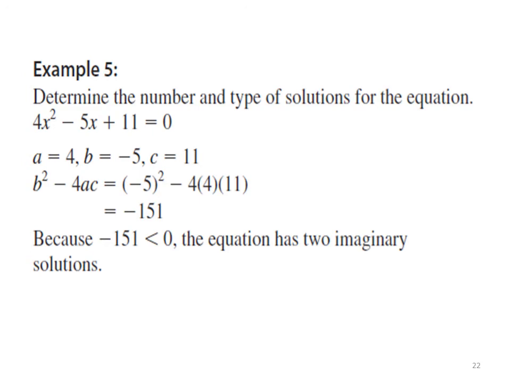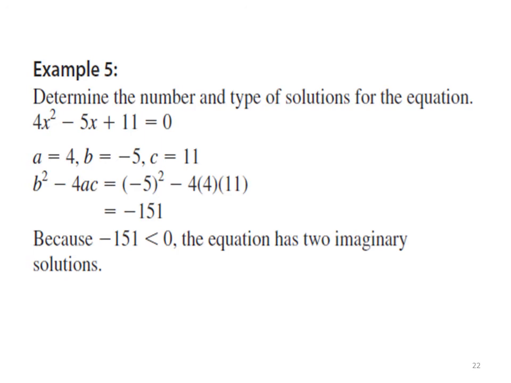Example 5, we are not asked to find the solution, but at least to determine the number of solutions and the type of solutions, for the quadratic equation 4x squared minus 5x plus 11 equals 0. Here a is 4, b is minus 5, c is 11.